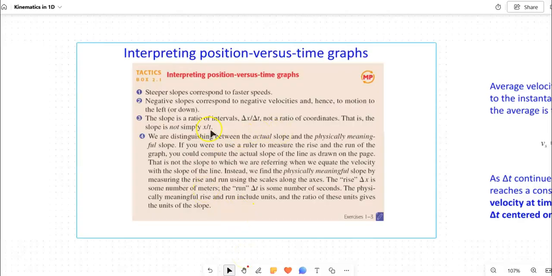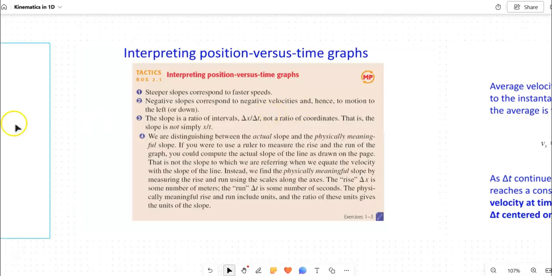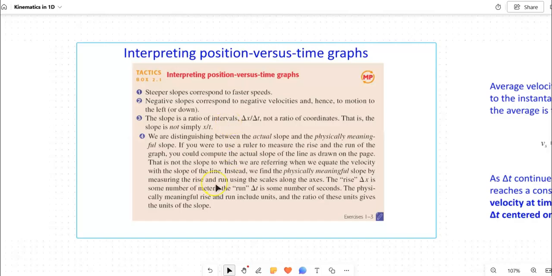A negative slope means you're moving to the left, and a positive slope means you're moving to the right. We're going to use those parts of our understanding of position versus time graphs, or x versus t graphs, to understand and create equations.